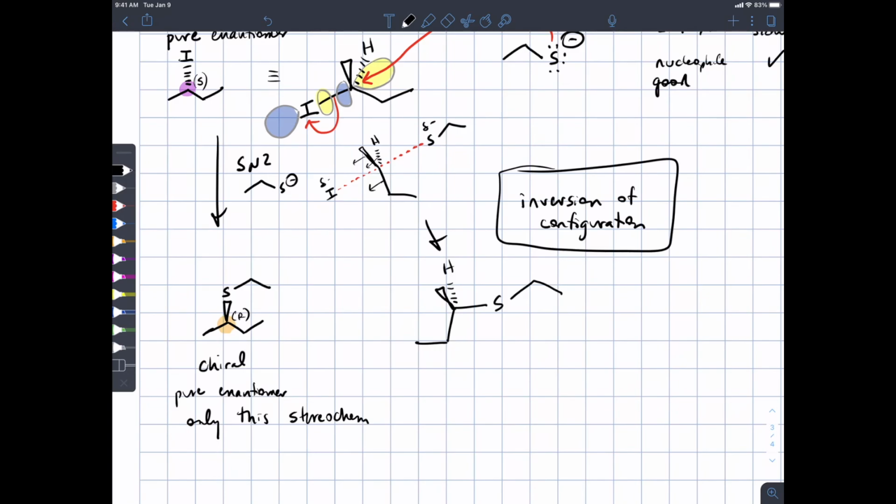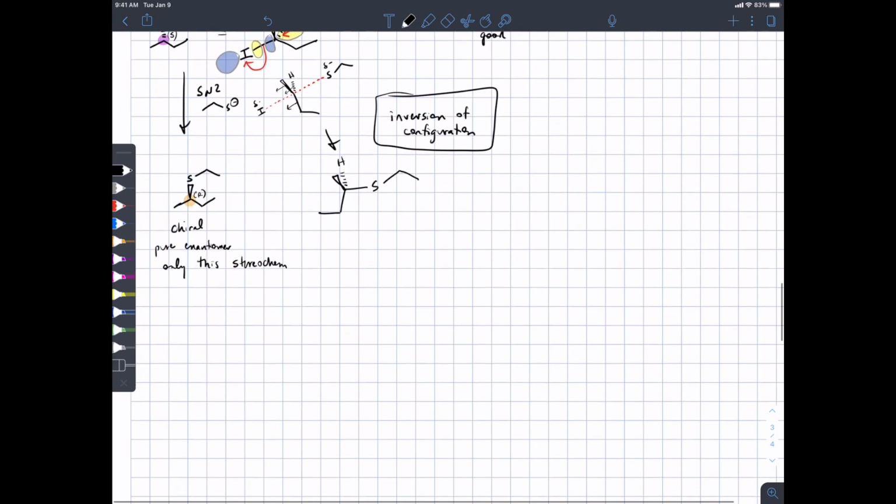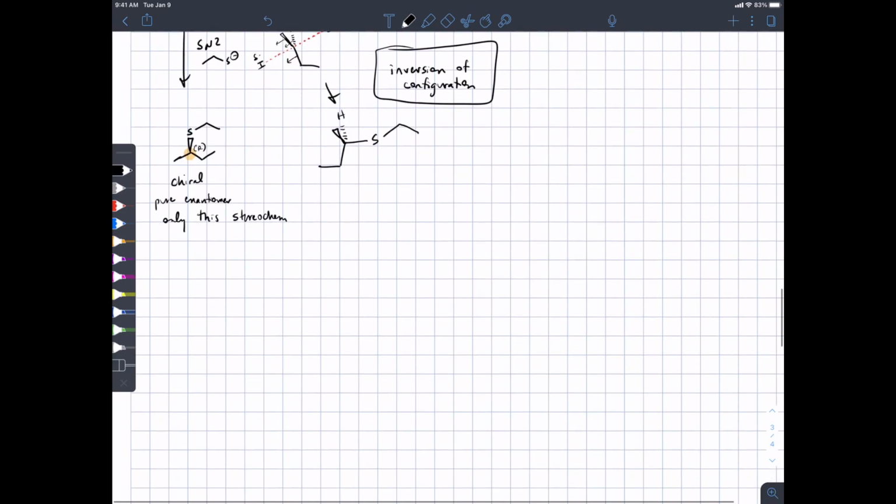So that is always a consequence of Sn2. If on an exam, for example, you had, and I'm choosing just a simple molecule with a stereocenter, but if on an exam you drew this, even if you said it was Sn2, this is wrong.